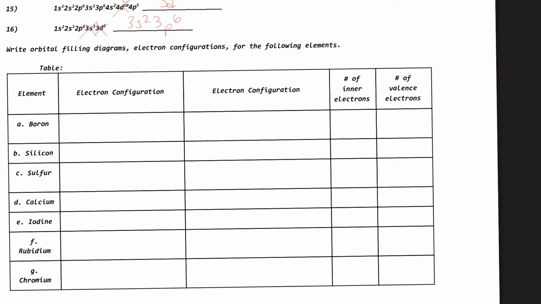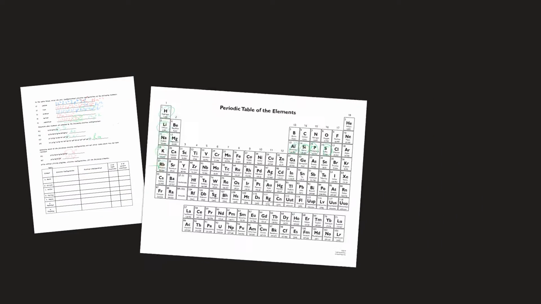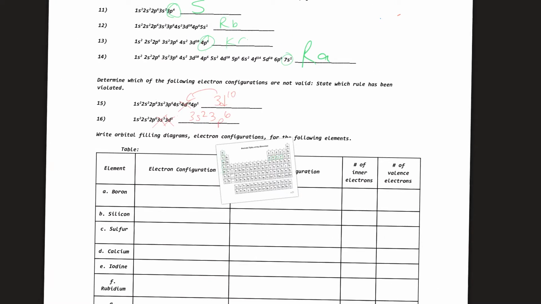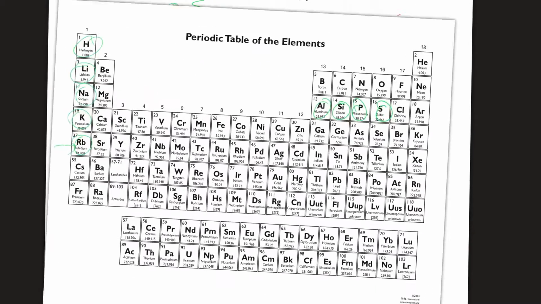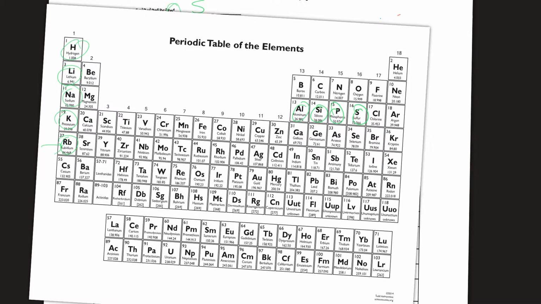Okay, and then this last one, we've got the electron configuration, inner and valence electrons. Let's bring in the periodic table. Boron is 2p1.